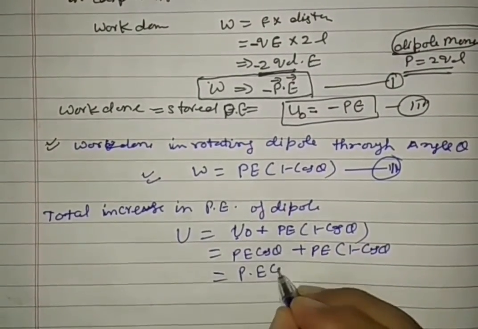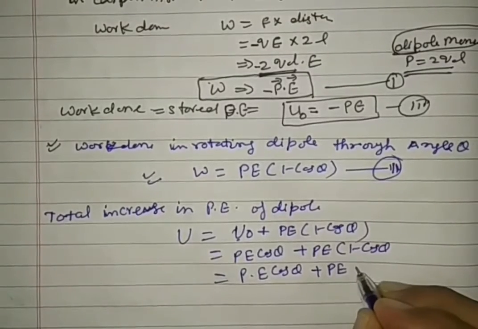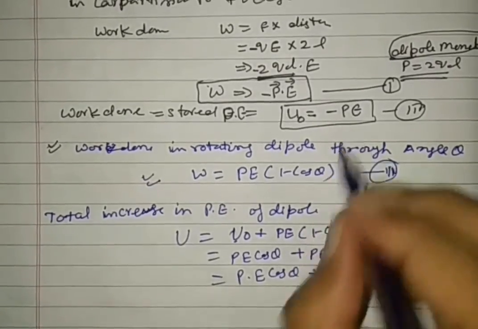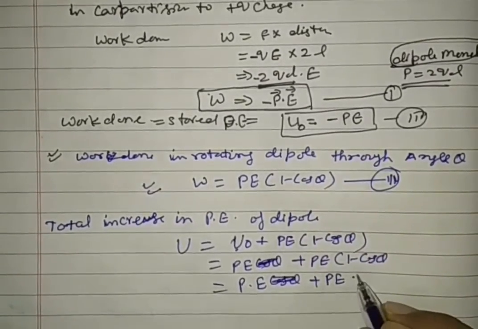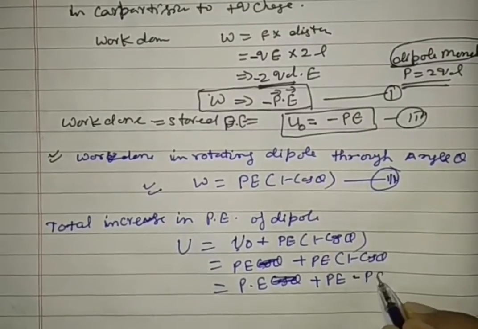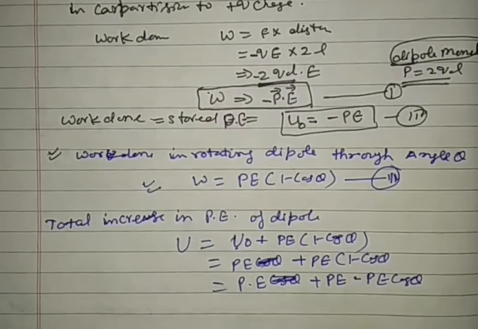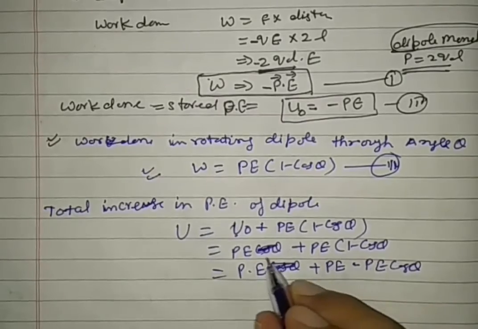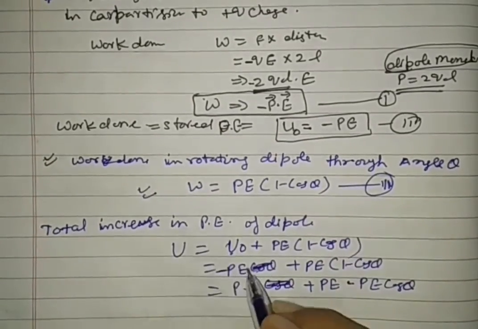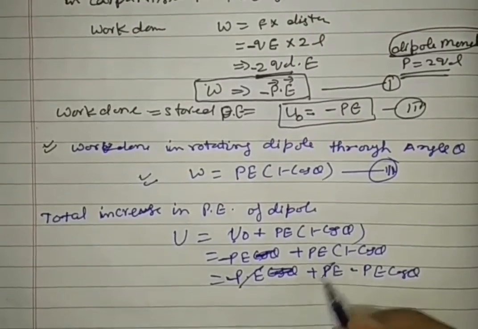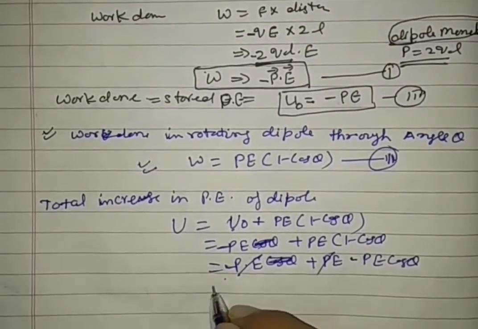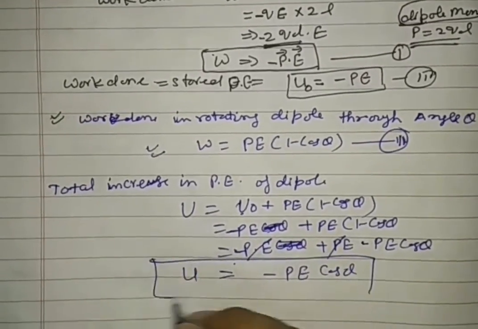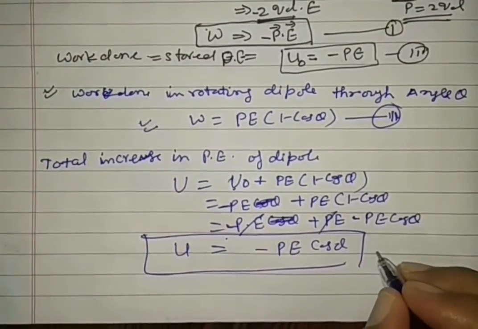So it is minus pE cos theta plus pE minus pE cos theta. The pE terms cancel, and the total energy in the system becomes minus pE cos theta, which is given by the formula here, right?